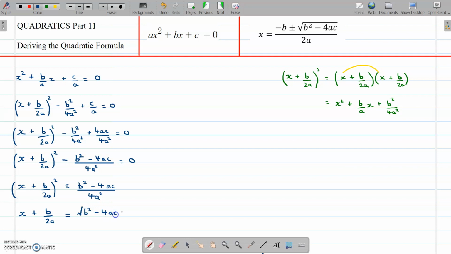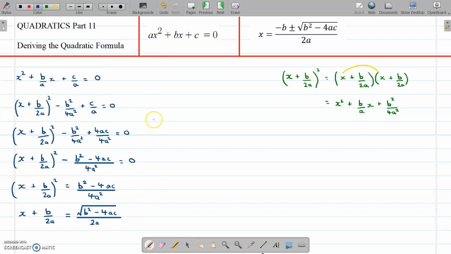And certainly by now you will be noticing some aspects of the quadratic formula here. And all of that is divided by the square root of 4a squared. Well, the square root of 4a squared is 2a, because 2a times 2a is 4a squared. So this is over 2a. Okay?